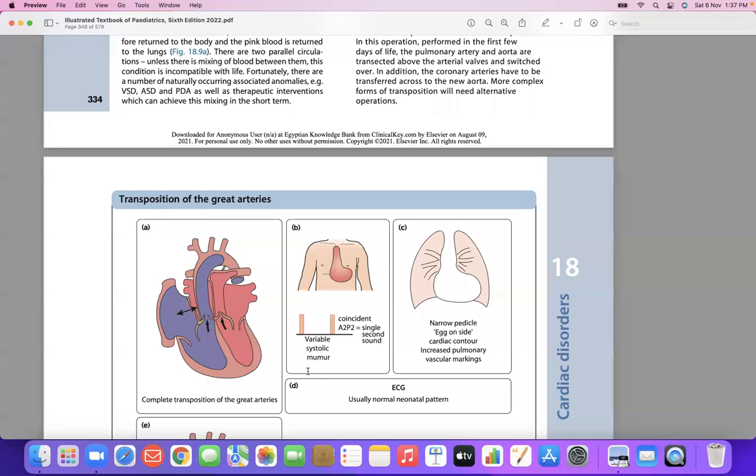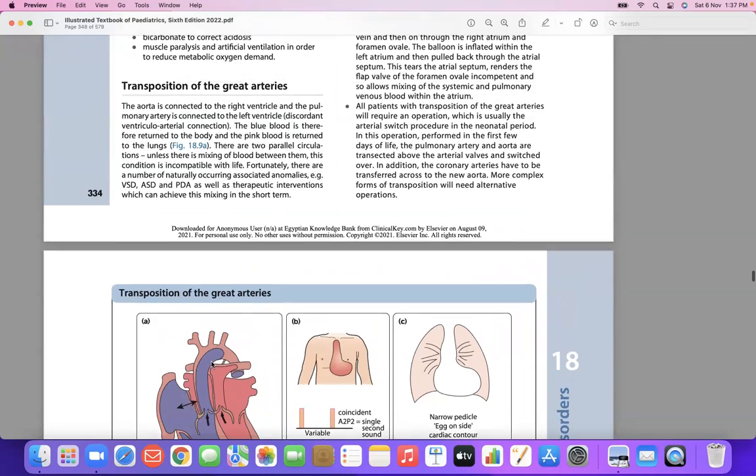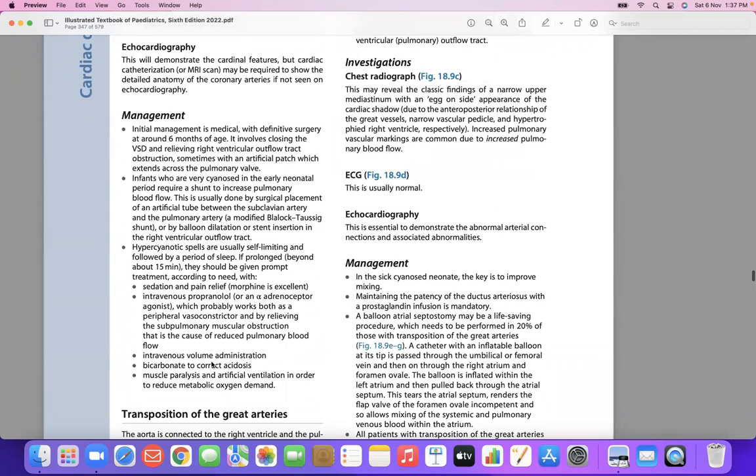Usually in TGA no murmur. What about the ASD? If an ASD is present, you don't hear any murmur, because there will not be any gradient across the ASD. So usually no murmur.